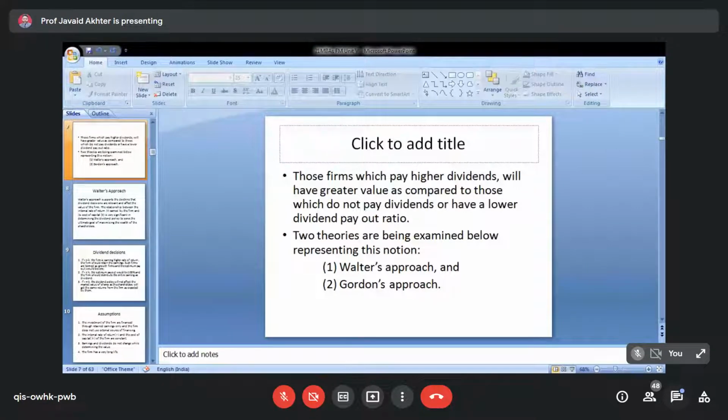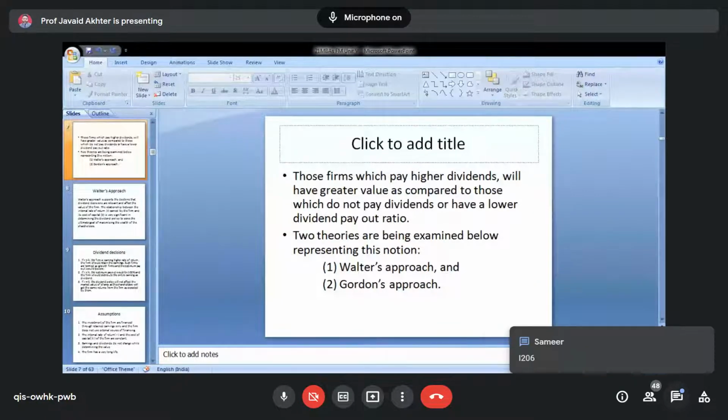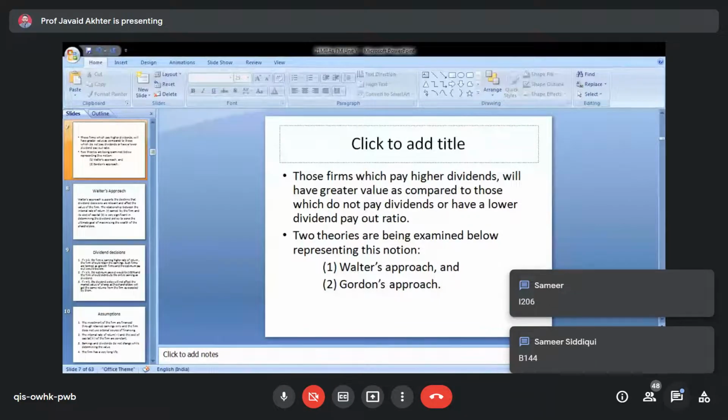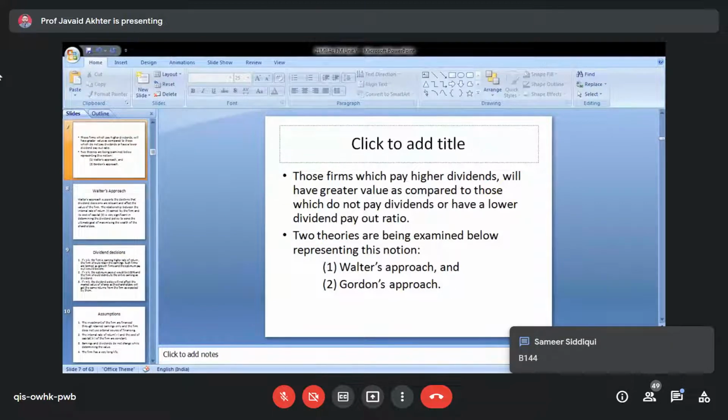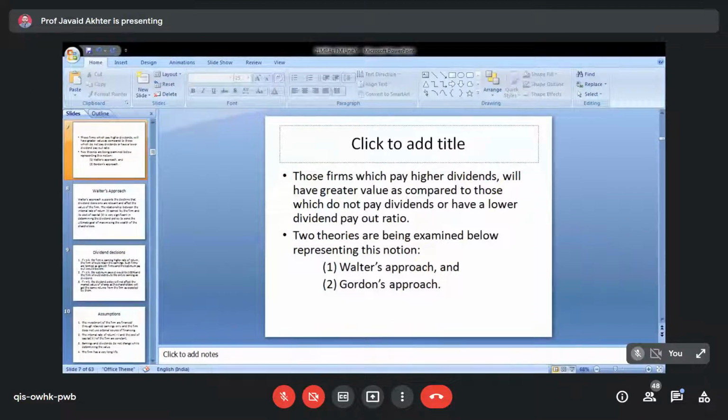Ordinarily, what will happen? Shareholders will think that the company is not paying part of the profit, so they may not like to stay in the company. The market may also not look favorably at the company because it is not paying.